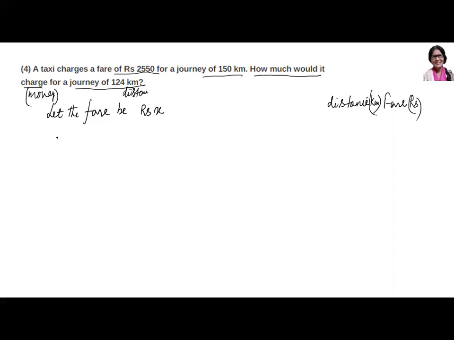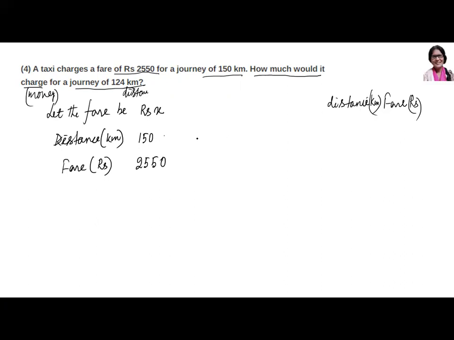Then take the ratio. First is kilometer or distance. Distance in kilometers. Then here is your fare in rupees. For 150 kilometers, no need of writing kilometer again. We have already mentioned here 150, and your fare is 2550.